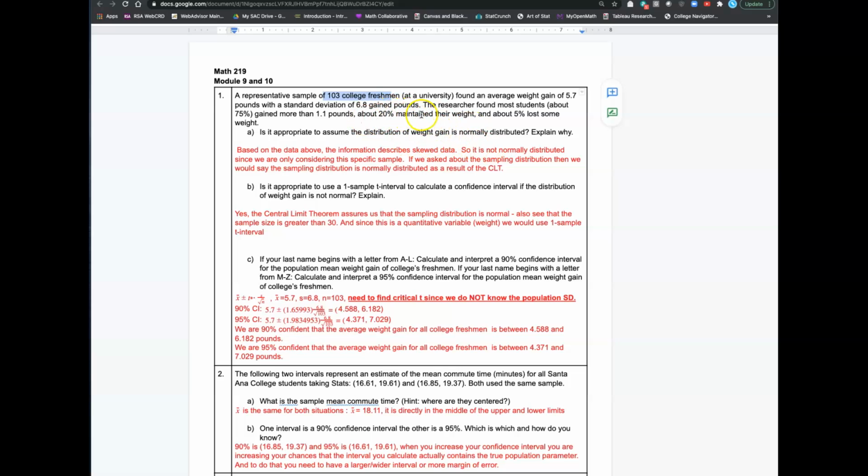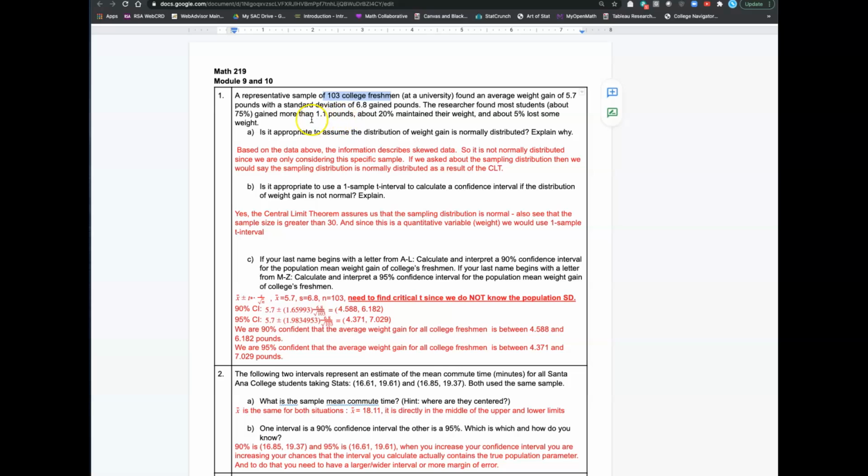situation where the information or data is not normally distributed, it's skewed. So if you look at thinking about what the variable is, right? The variable is quantitative, an average weight, right? And so when you think about the distribution of how weight was gained, you can see that 75% gained 1.1 pounds, 20% maintained, and about 5% loss.